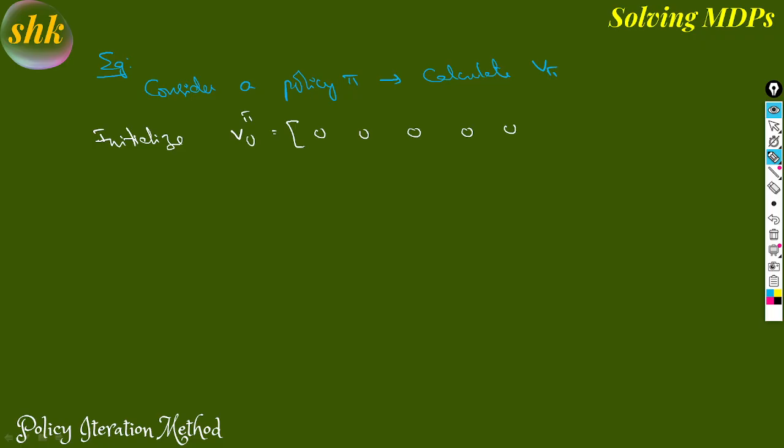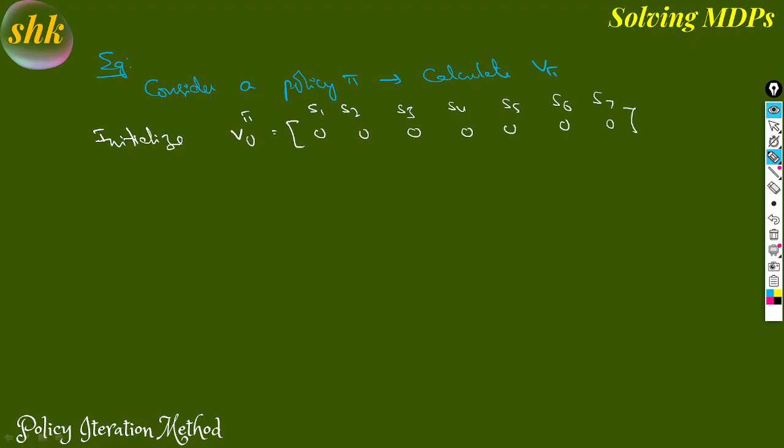So let us consider we have a total of 7 states, corresponding to S1, S2, S3, S4, S5, S6, S7. So I am assuming my MDP consists of a state space of 7 states, S1 to S7, and we are going to initialize V naught for a particular policy pi with all zeros.